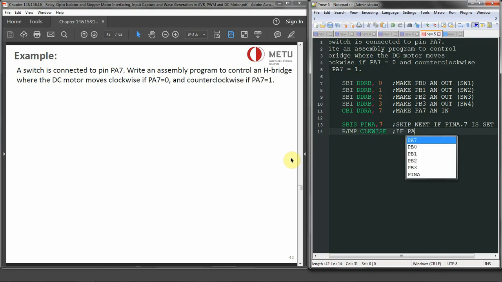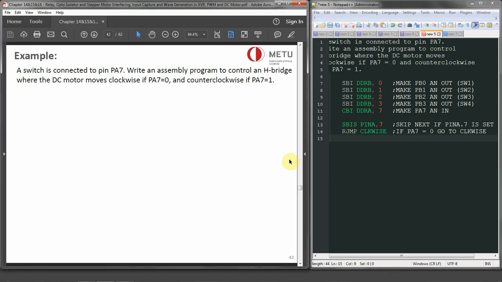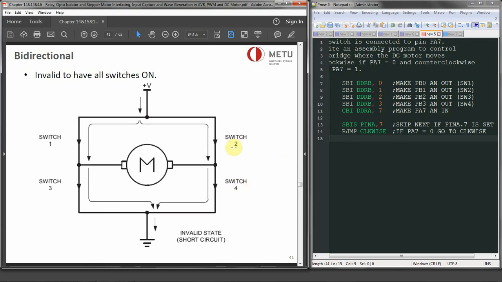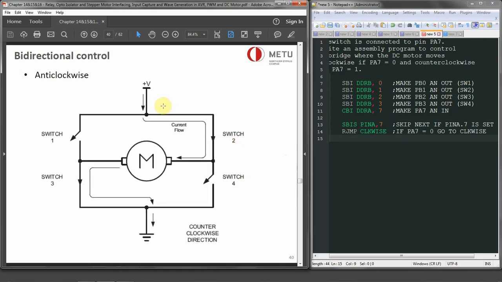So if PA7 is 0, go to clockwise. So now we need to perform the counterclockwise switch ons and offs. If I go back, to have counterclockwise, that means switch 2 and switch 3 have to be on, and switch 1 and switch 4 have to be off.